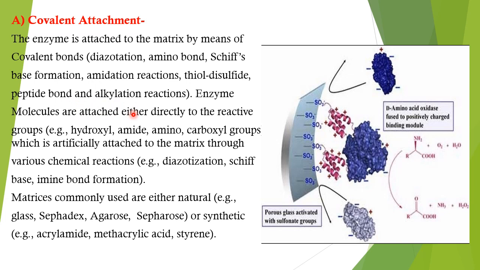Enzyme molecules are attached either directly to reactive groups like hydroxyl, amino, carboxylic groups, which are artificially attached to the matrices through various chemical reactions like diazotation, Schiff base, imine bond formation.